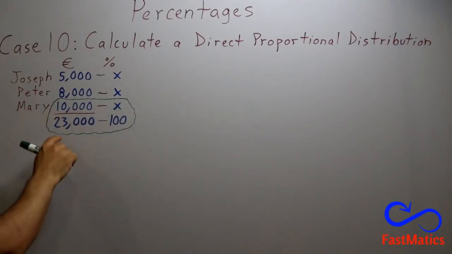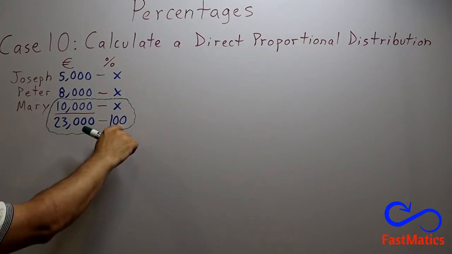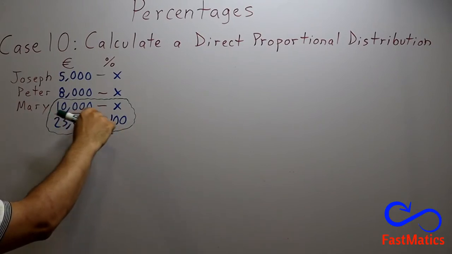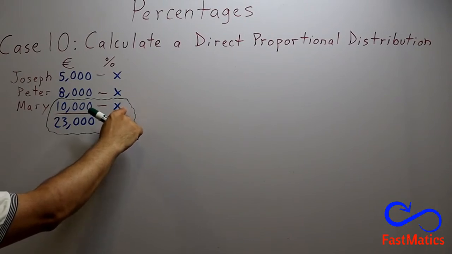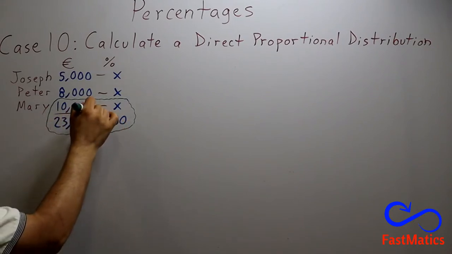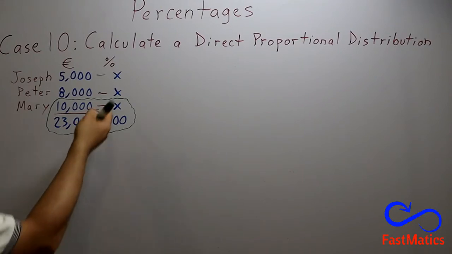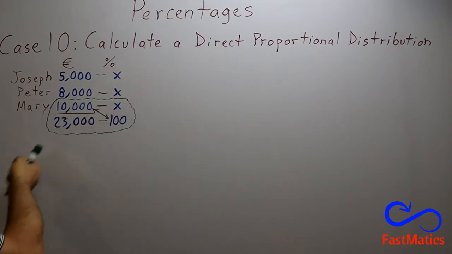Here we see 23,000, 100%, 10,000, I don't know the percent. And always in the rule of 3 we have to multiply the numbers that have a couple in diagonal, and the answer will be divided by the number that doesn't have a couple in diagonal.